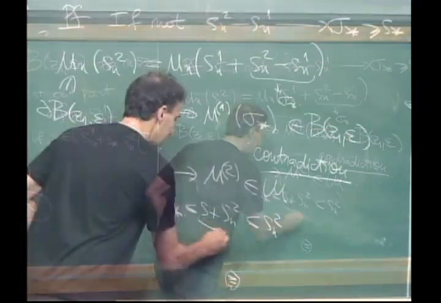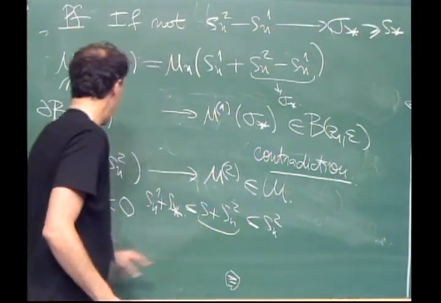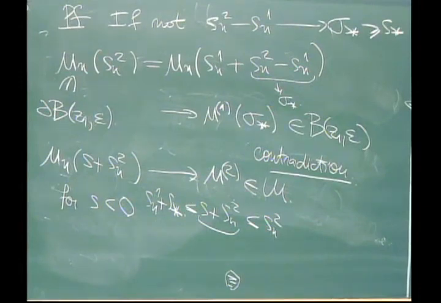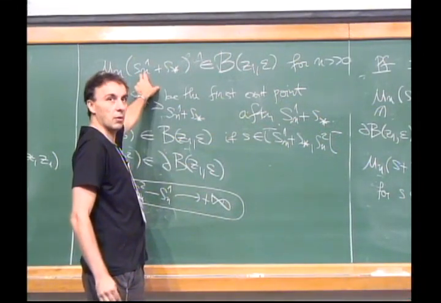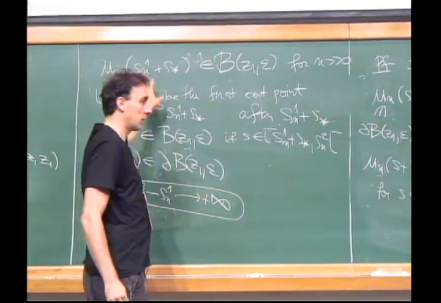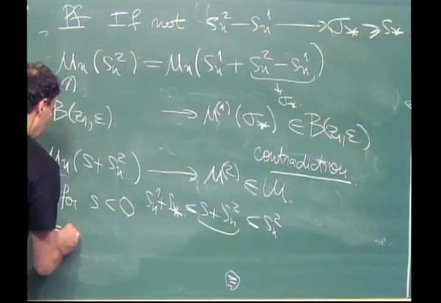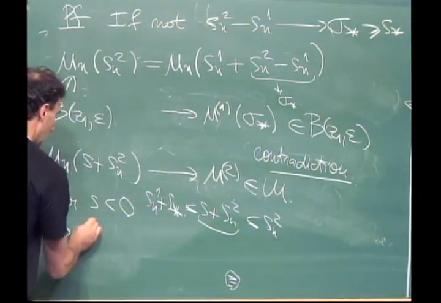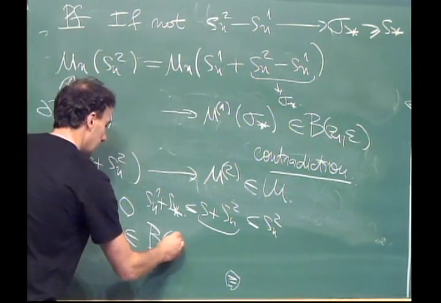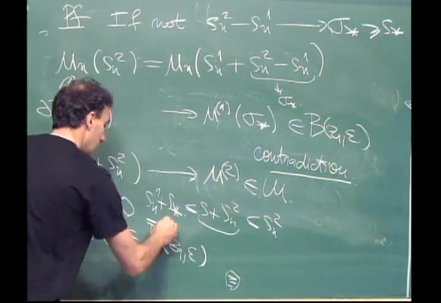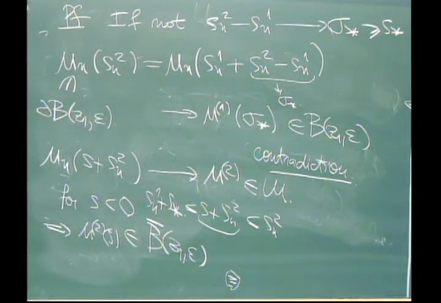So for S greater than 0, we are exactly in the interval where Un was in the ball, okay? Which means that U to S is in this closed ball, right?